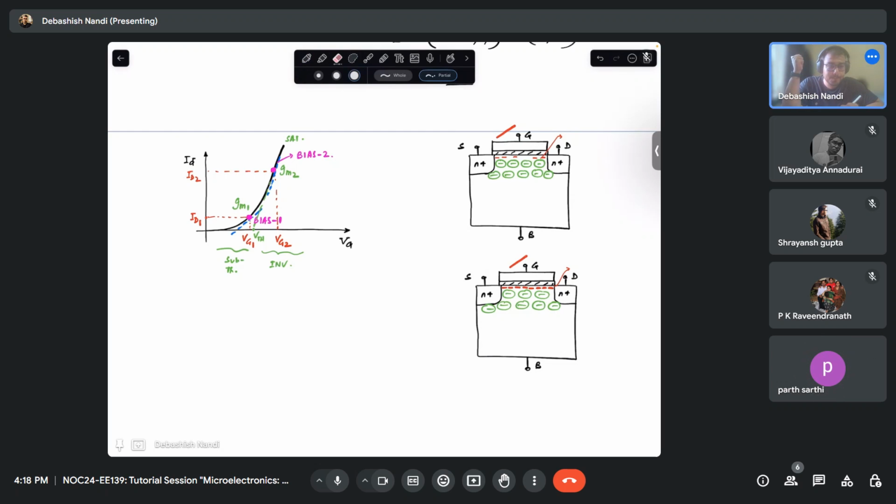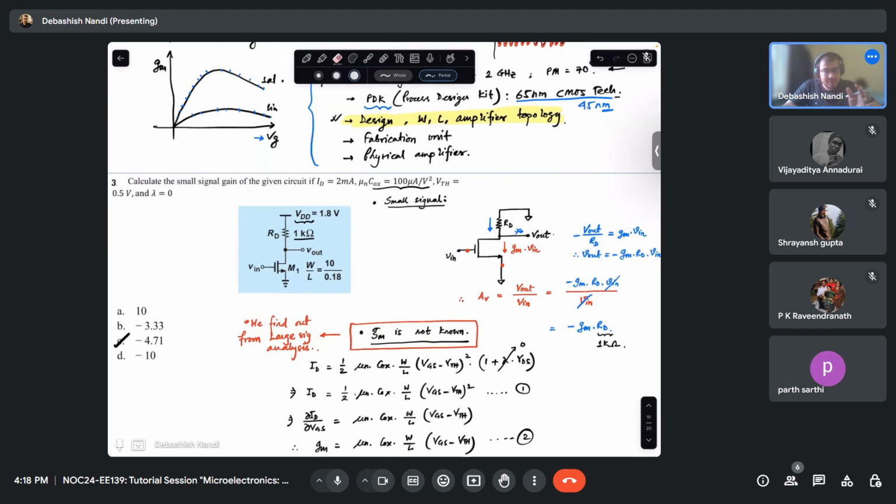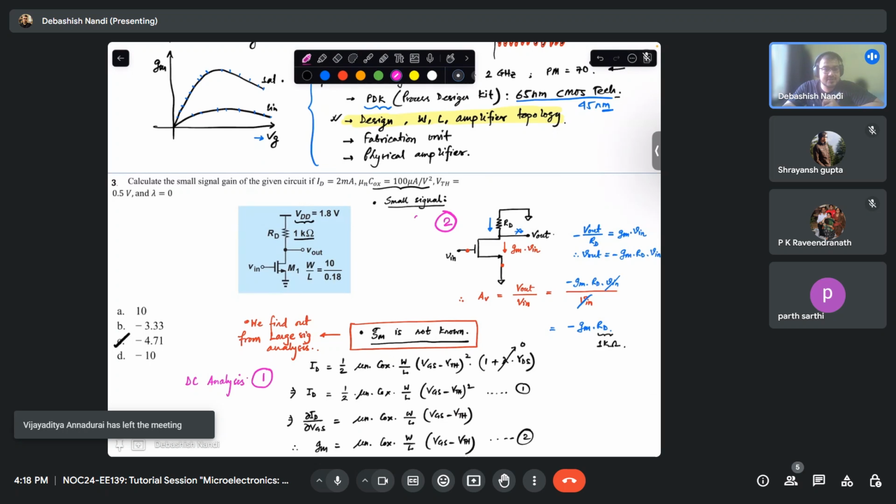Okay. So please remember that whenever these kinds of circuits are given, I have deliberately done it this way. This step you should do first, the large signal analysis, or sometimes called the DC analysis, and then you go to small signal analysis.